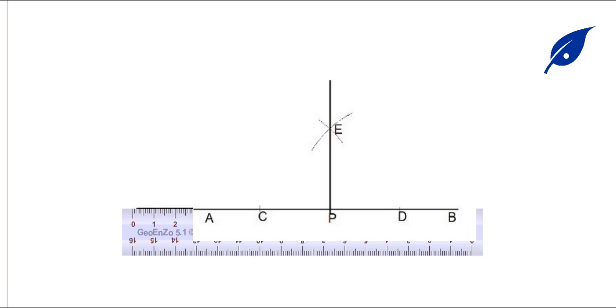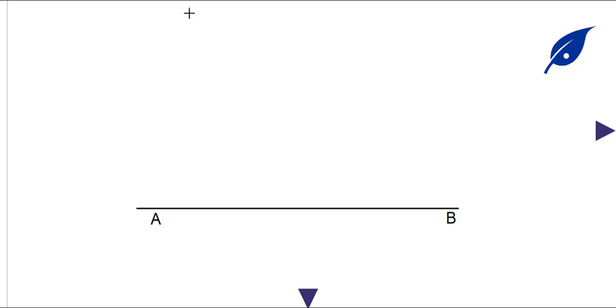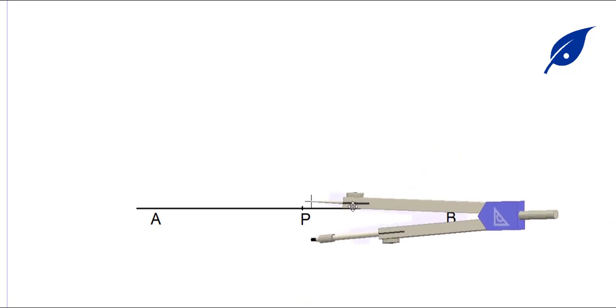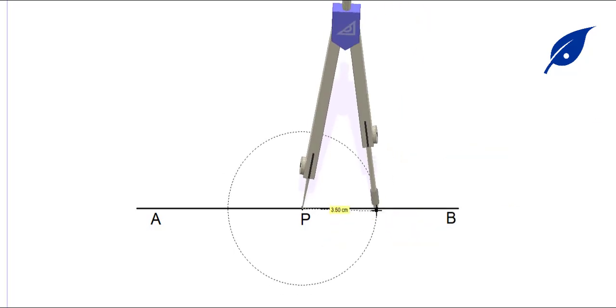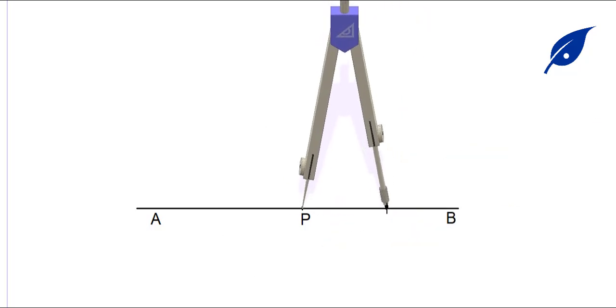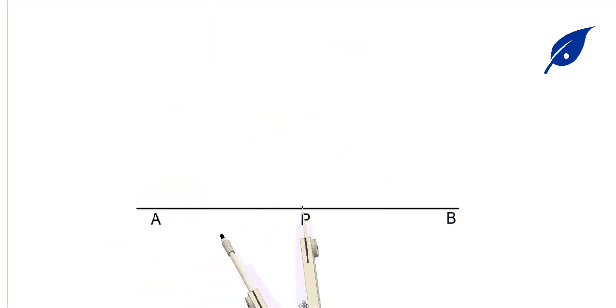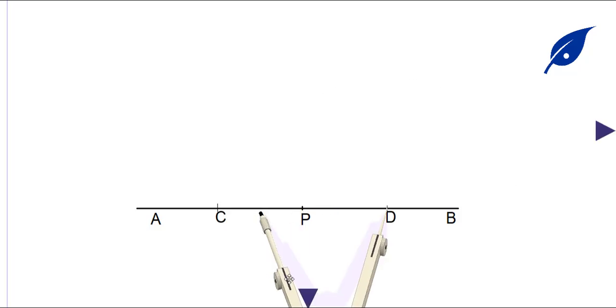Draw a horizontal line AB and mark a point P on the line. Get a compass to mark a distance from P to get C and D on the line AB.